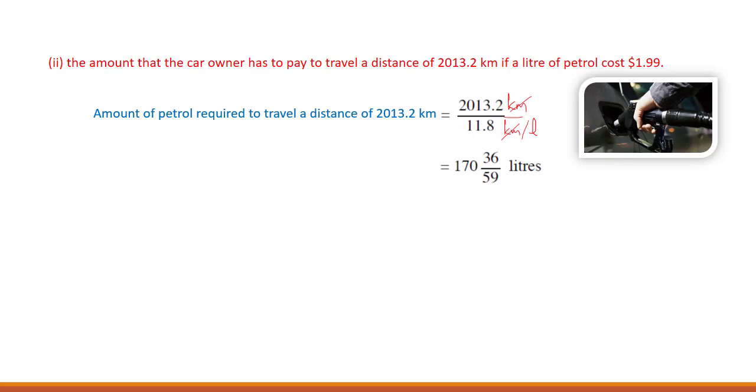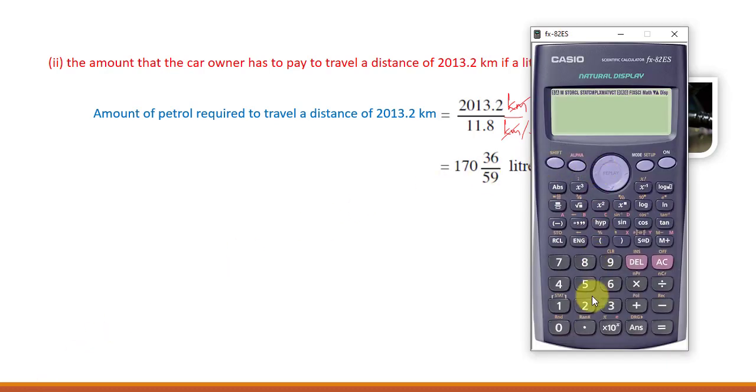Now I have written this answer as a mixed fraction. You can write it in decimal as well. Like 2013.2 divided by 11.8, and our answer is 10,066 upon 59.